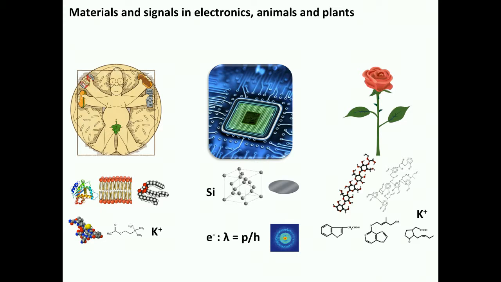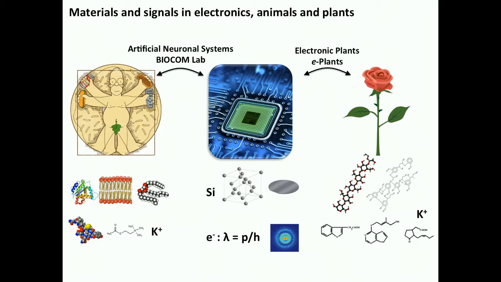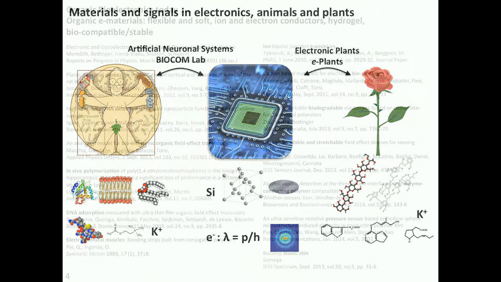Therefore, most of the hormones that regulate growth, flowering, and all the physiology in plants are typically ring-based signals. So in one effort, we are trying to bridge the signaling gap between electronics and mammalians, and in another effort, we are trying to bridge the signaling gap between plants and electronics.